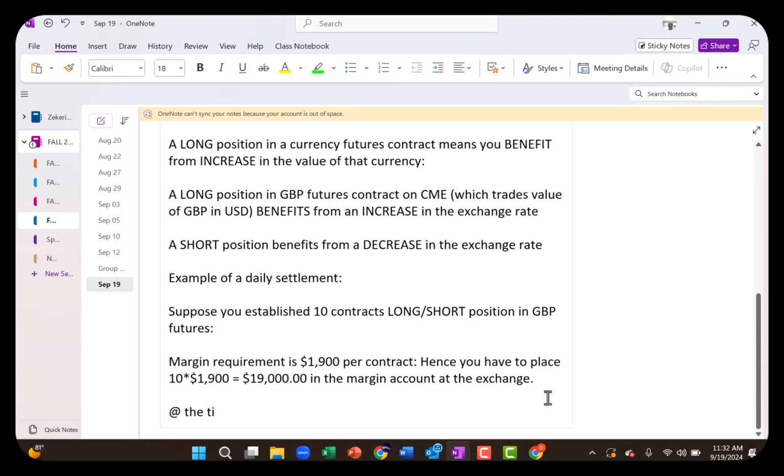At the time of trade, GBP futures are at 132.46.